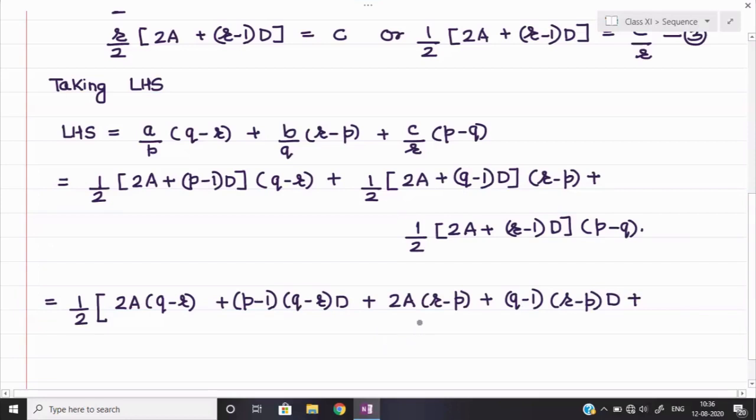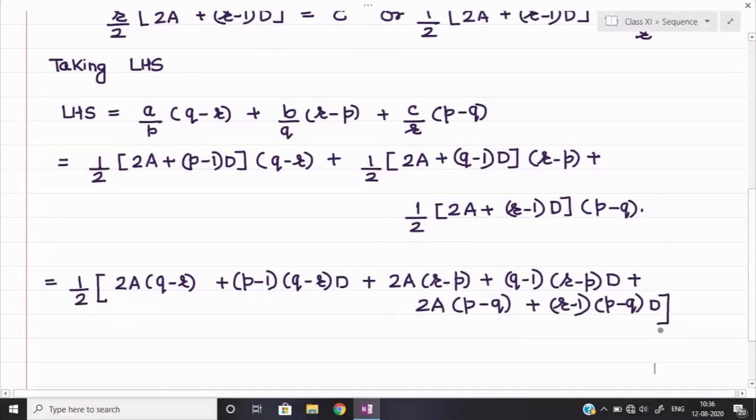So that will be 2A into P minus Q and plus R minus 1 into P minus Q and then into D. Okay, this is a little lengthy question.